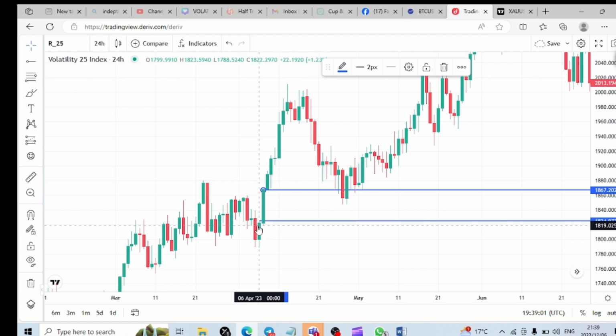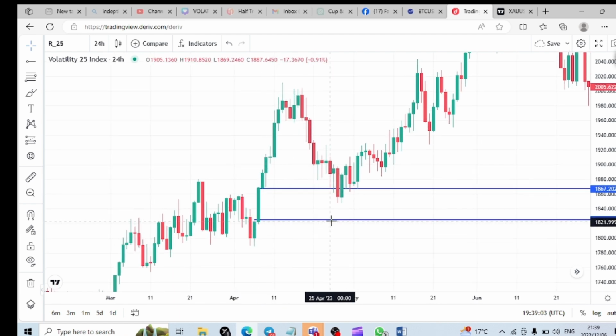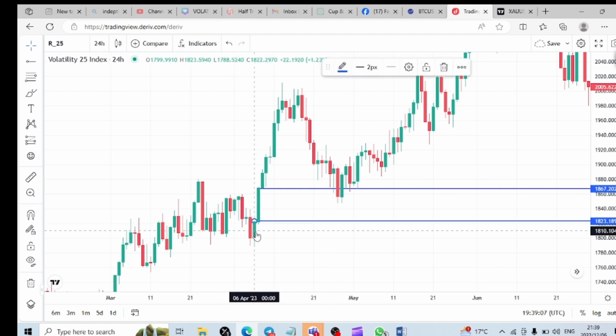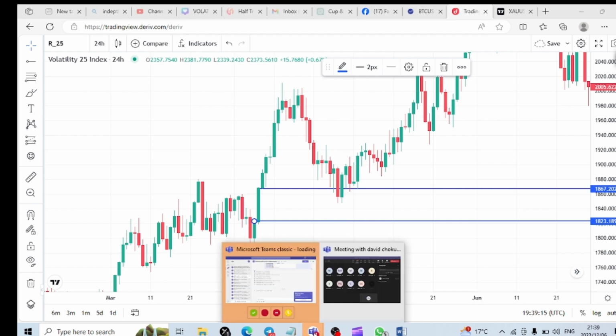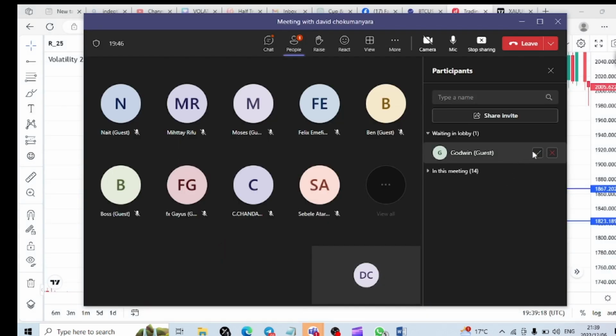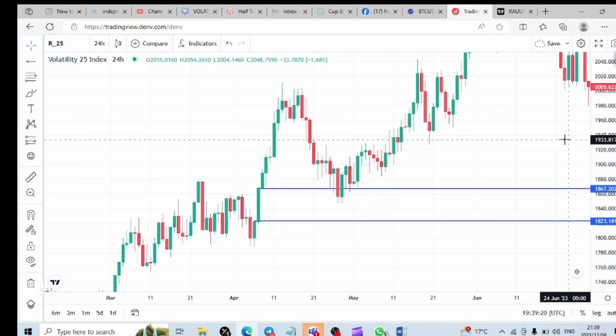So price didn't use the order block here, but it used this fair value gap. If you measure from the top part of this bullish candle and the low of this one, we have a fair value gap. These are complex issues that we tackle in our mentorship program, where we'll be talking about the PDRA.